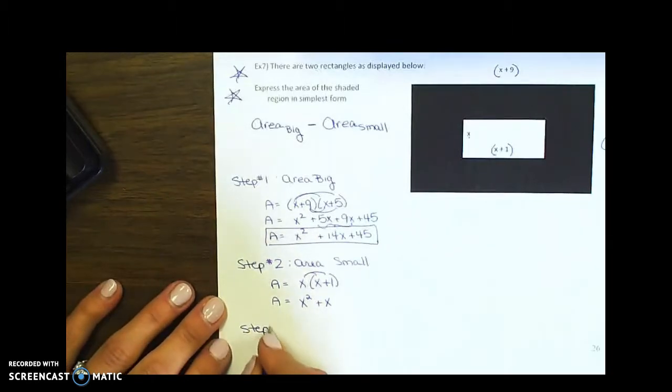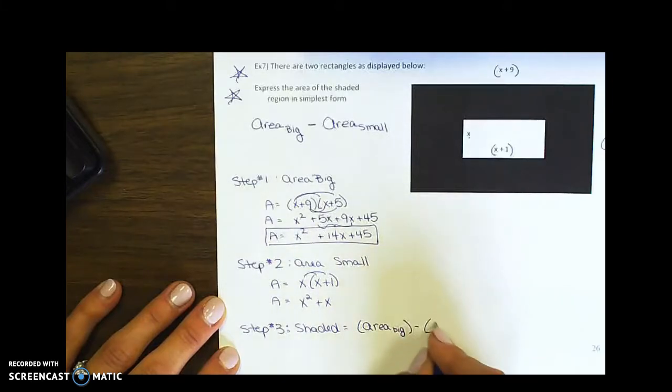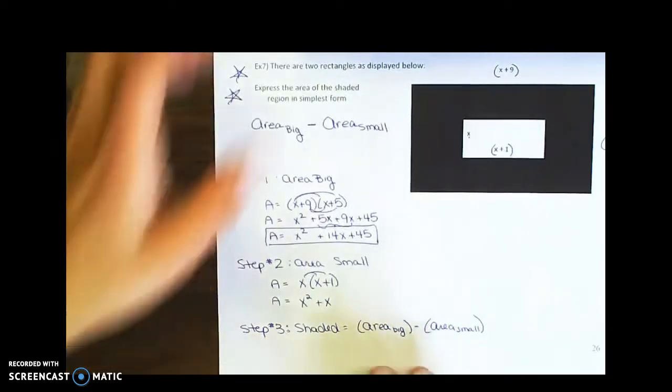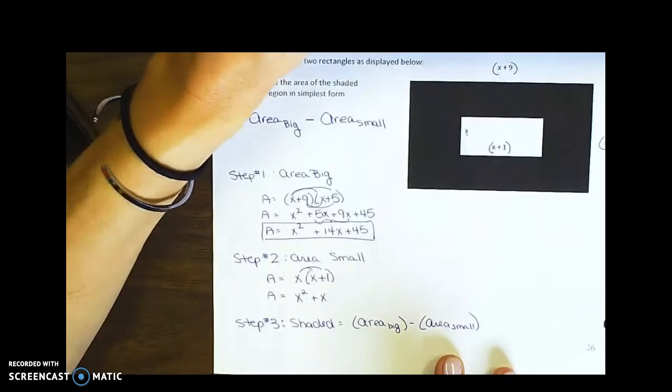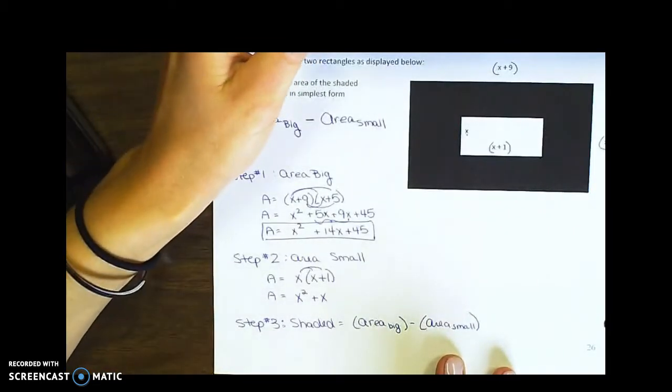So step number 3. So the shaded region, so shaded equals area of the big minus area of the small. Okay, and they're quantities, so we always want to make sure we're putting them in parentheses, especially when we're using subtraction. So let's take a look here now.